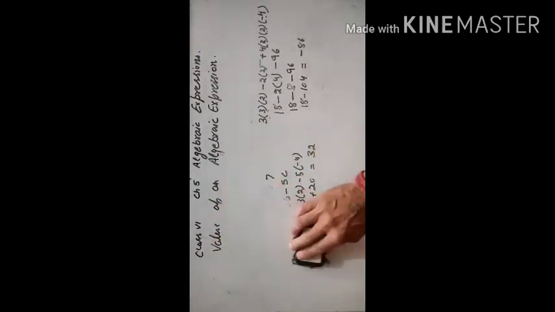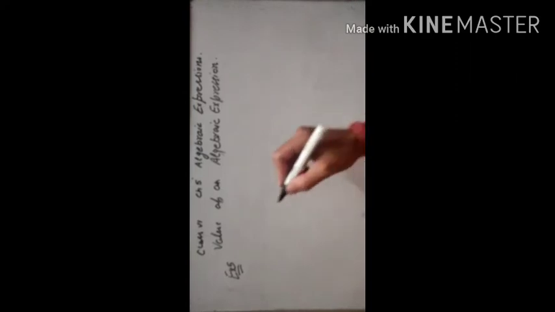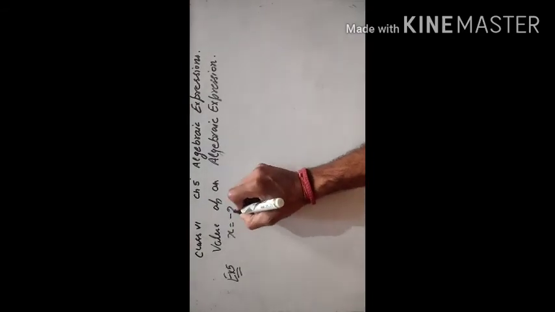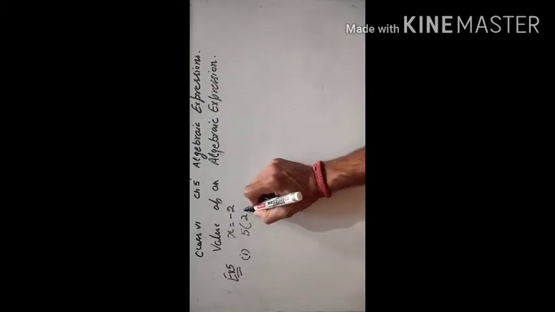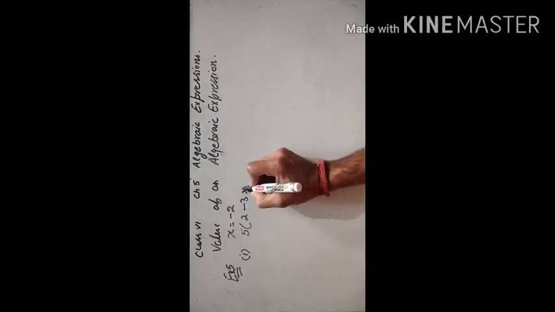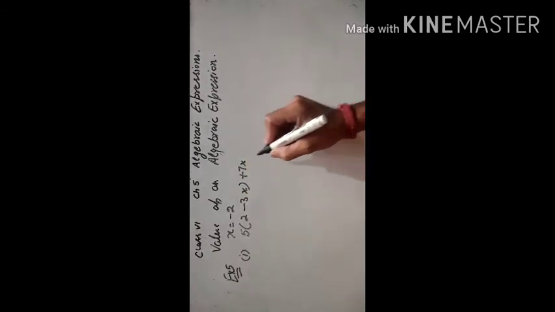Now example number 5. Example 5 is simplify the following expression and find the value when x is equal to minus 2 given. First we have to simplify, then we have to put the value. 5 into 2 minus 3x plus 7x minus 11.